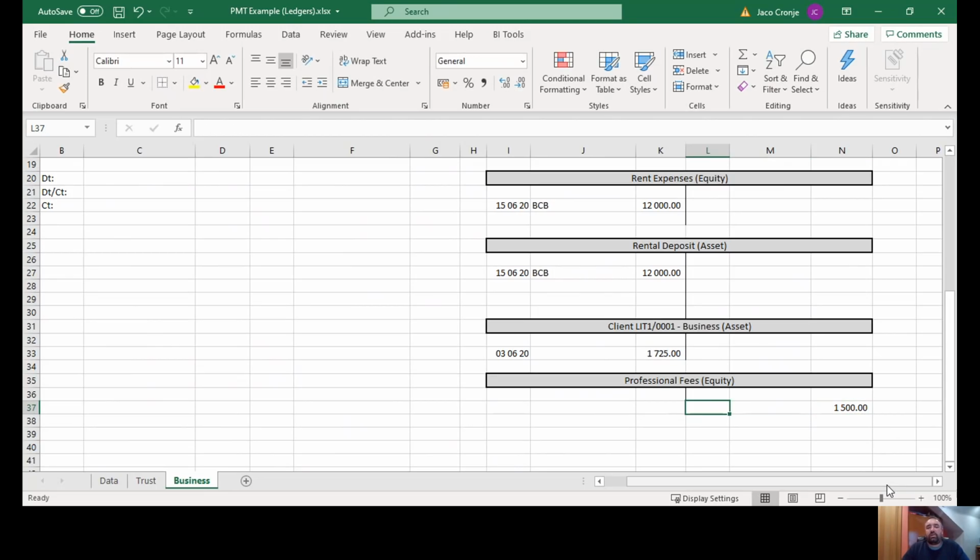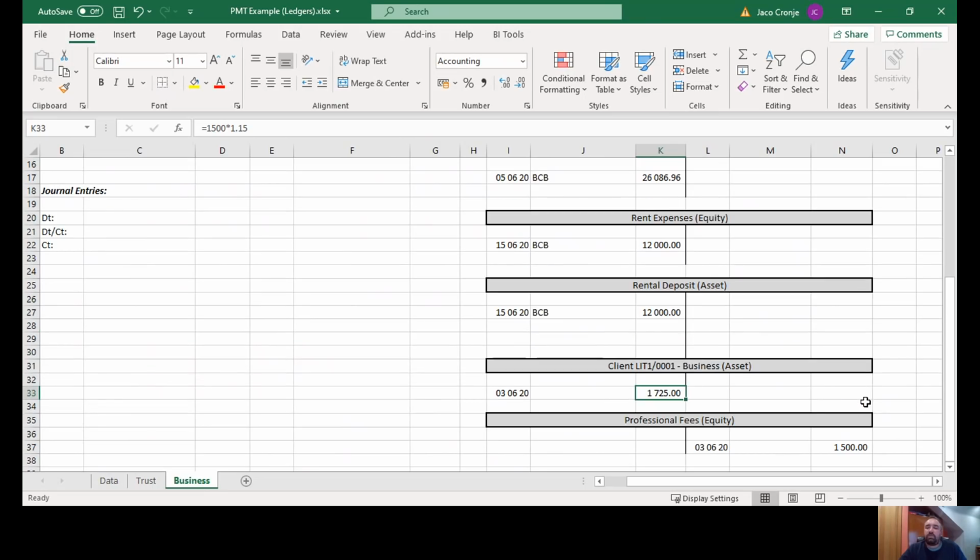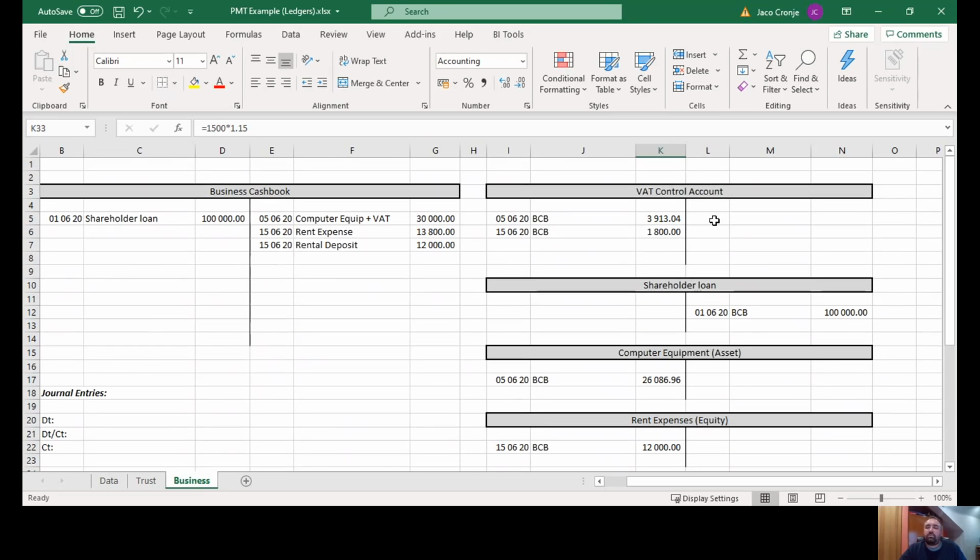So that is 1,500 Rand, which my equity increases by. Now, is my journal in balance? And the answer is no. I've got debits of 1,725 and credits of 1,500. So I'm short 225. And that, I said, must go to the VAT control account.